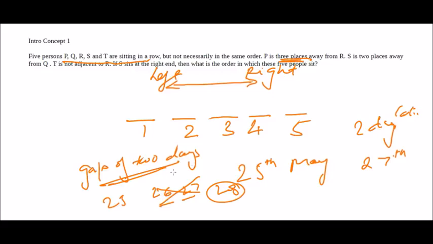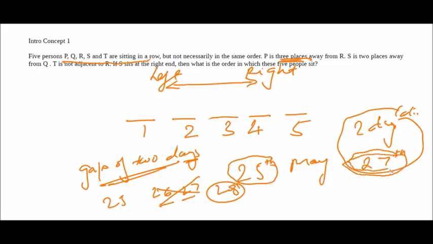So please be careful. This is a pretty basic error. If you are ever confused, this is a good way of remembering that based on dates. I'll repeat. Today is 25th, if I ask you to meet me 2 days later, you will come and meet me on 27th. If I ask you to meet me after a gap of 2 days, you will leave these 2 days, not meet me here, and you will meet me on 28th.